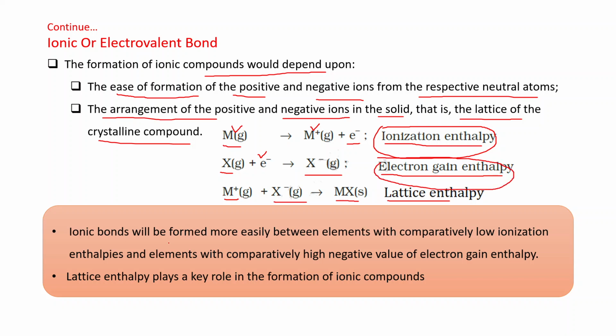That's why an ionic bond will be formed more easily between elements with comparatively low ionization enthalpies and elements with comparatively high negative value of electron gain enthalpy. And in the formation of ionic compounds, lattice enthalpy plays a key role.